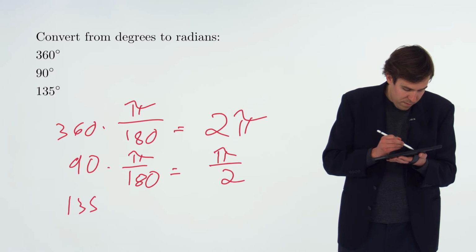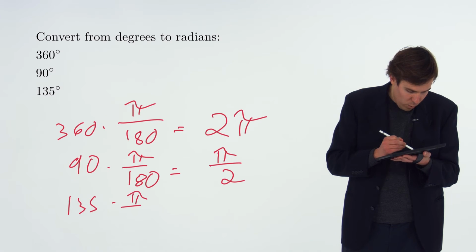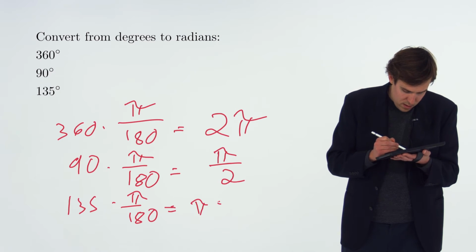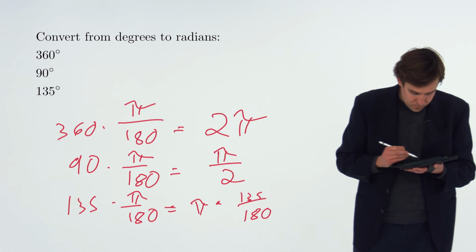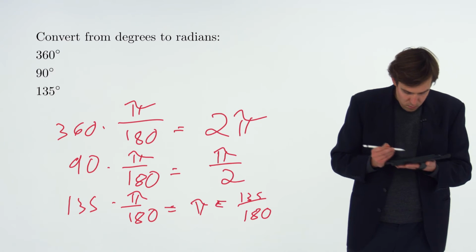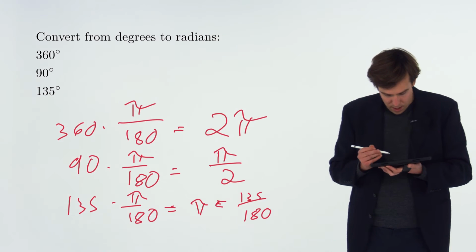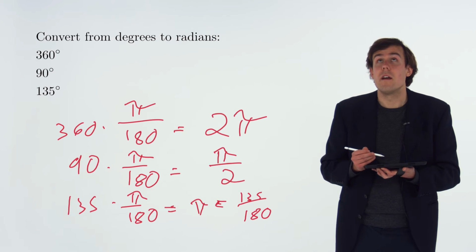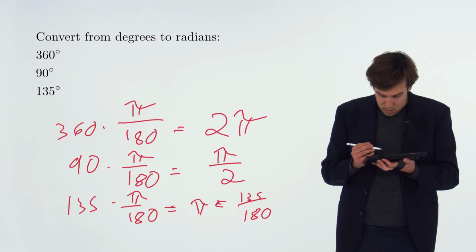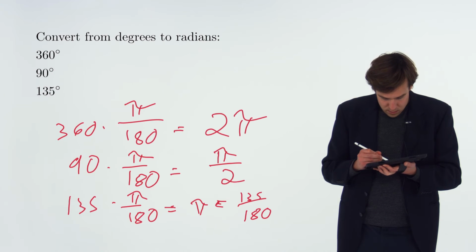And then 135 times pi over 180. Well, this one's a little more delicate. So 135 over 180. And what is this? Well, they're both divisible by, let's see here, 15. Right?